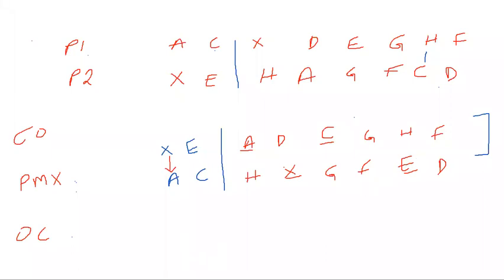Then coming to the ordered crossover, I can take these two as the random points. In between I can directly exchange. HAG is there.